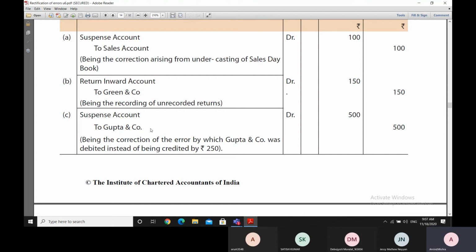So we found out later on that in Gupta and Company account the wrong debit has been done, and Gupta and Company account should have actually been credited. So we credit Gupta and Company by double the amount of the wrong debit, and we debit the suspense account this time, to square off the suspense account.